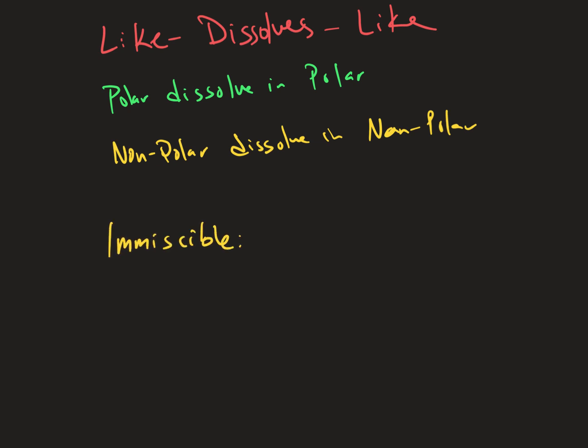Means does not dissolve in any proportions. So if we have a drop of oil and throw it in the ocean, it's not going to dissolve, ever. That's immiscible. If you do have sort of a mediary compound, you can mix them together, and that's how they get vinaigrettes for salad dressings. But by themselves, they won't mix. They need that third thing.